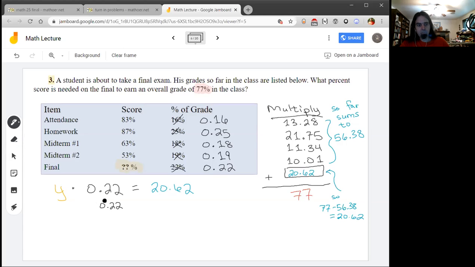Make that look like division. And we get 93, about 94.